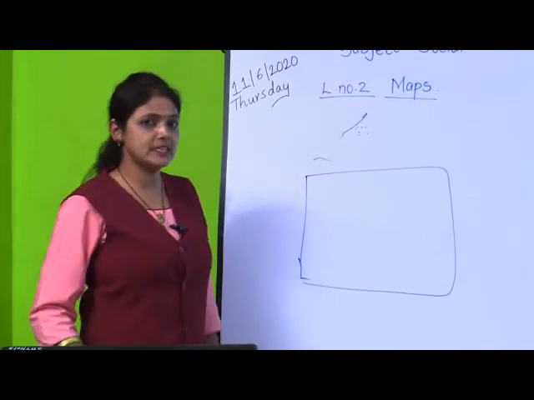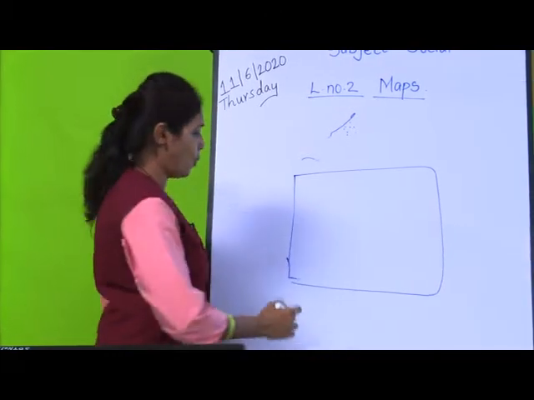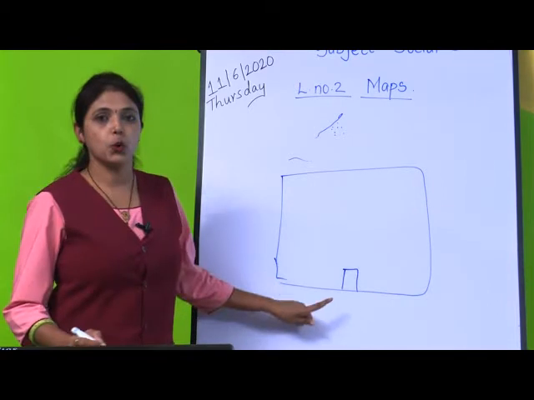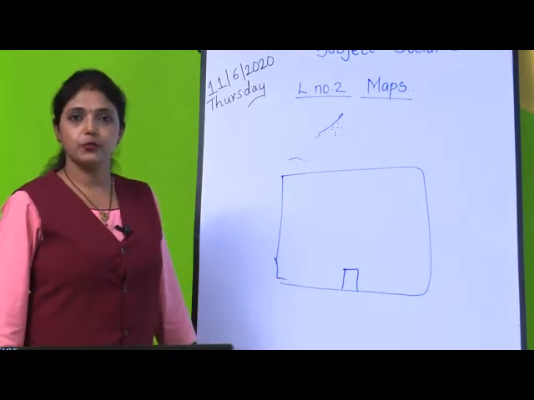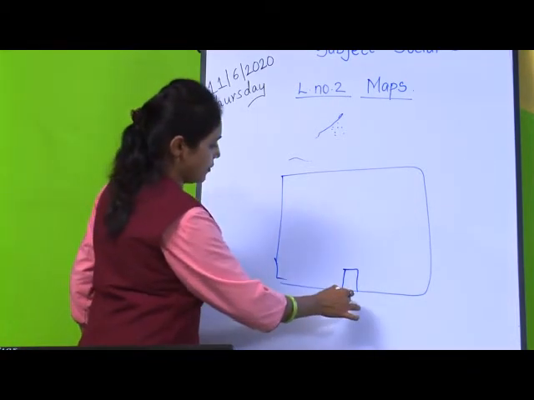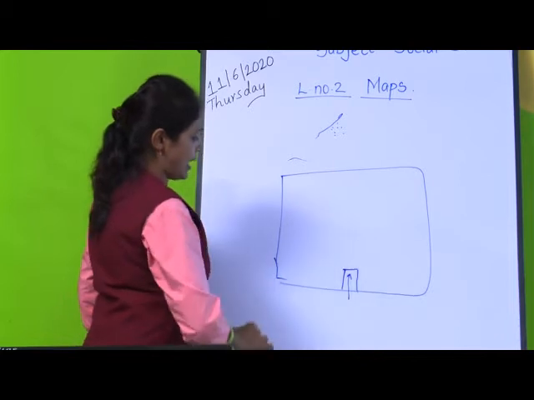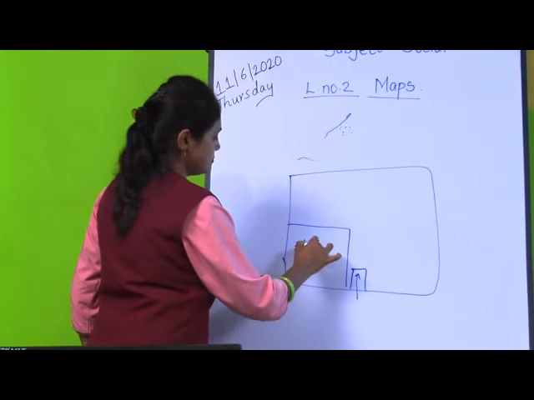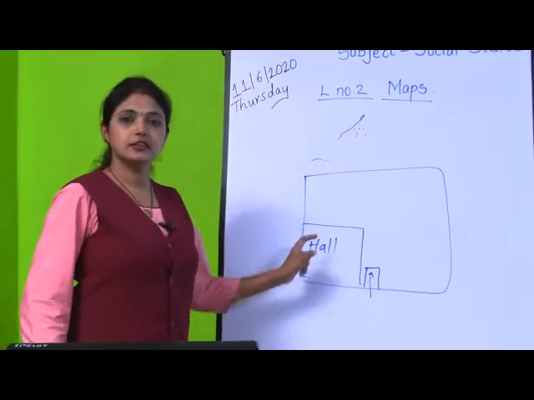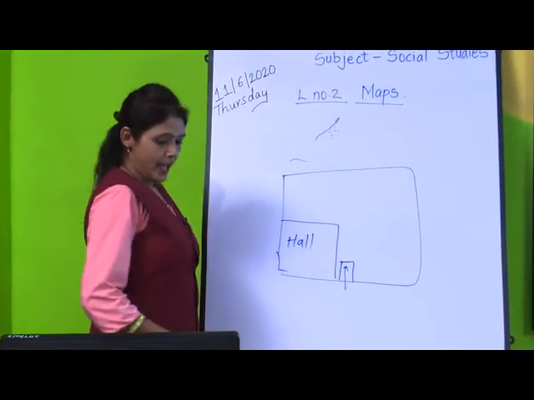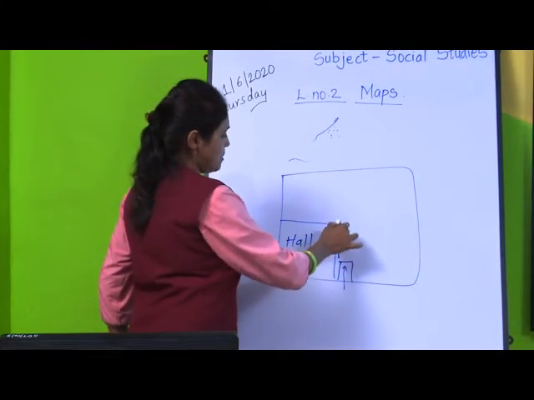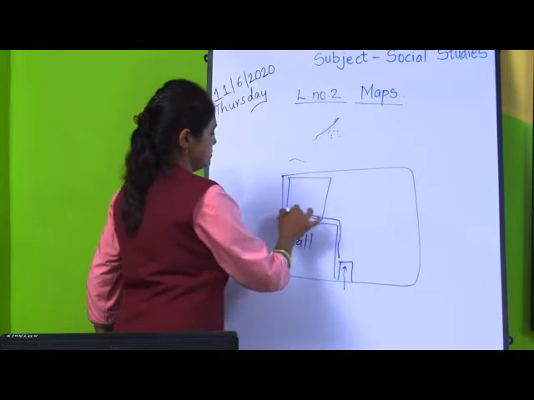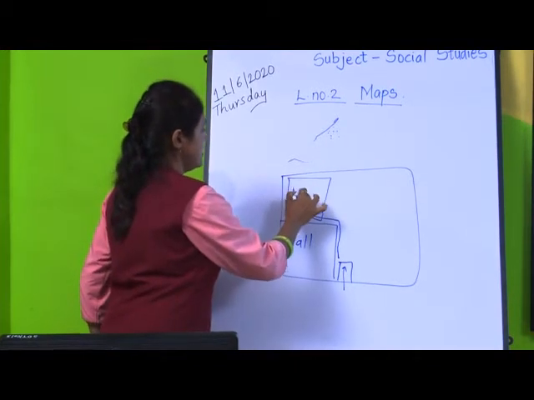Will you show any mistakes about your house? No. If the entrance is from here, you will show that this is the entrance. From here, I will enter my house. Here is my very big hall. I have drawn the hall. Now as I move here, here is our kitchen.